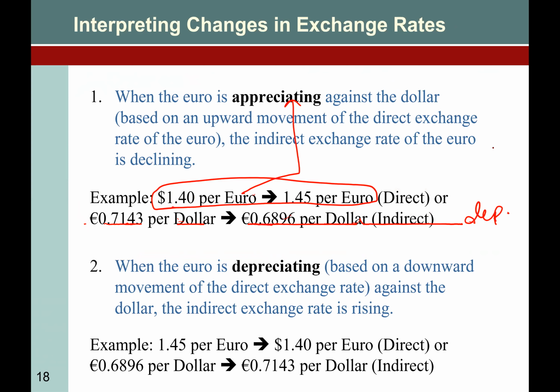So we are seeing the relationship between dollar and euro. If the dollar is depreciating, it means the euro is appreciating. Understand, guys? So this is just vice versa. So don't get confused.